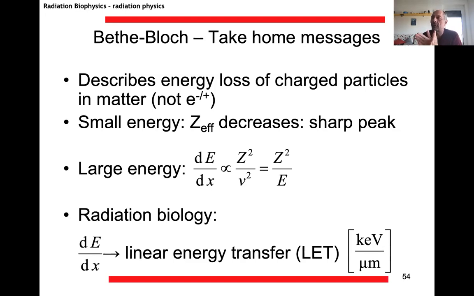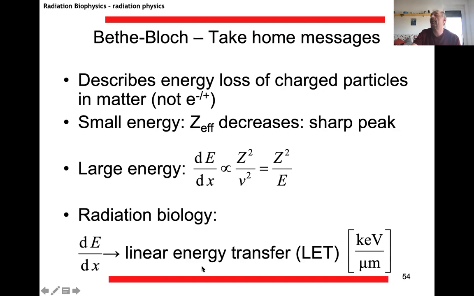So for electrons, you have to make different assumptions because they have the same mass. At small energy, the effective charge decreases, and then you have a peak at the end. For large energies, essentially it goes like the square of the velocity, so it is inversely proportional to the kinetic energy.